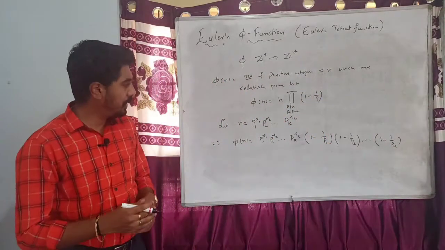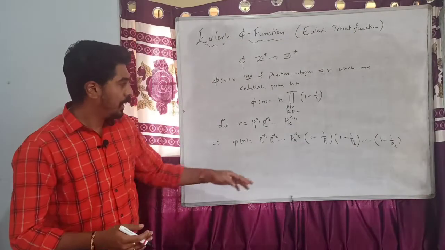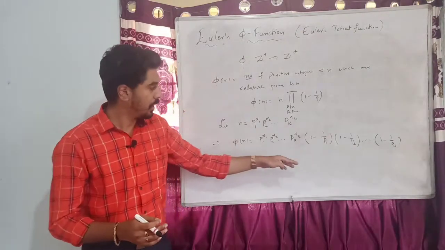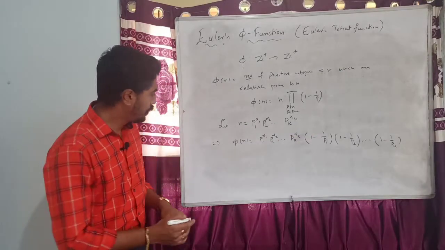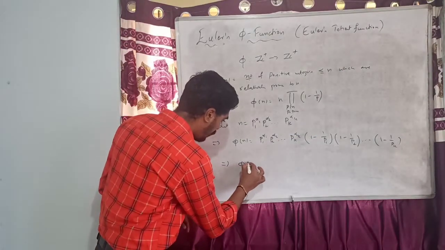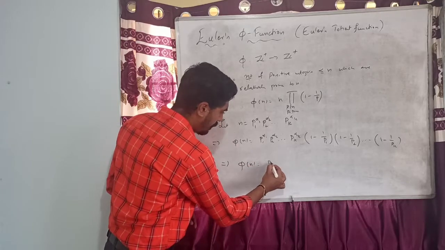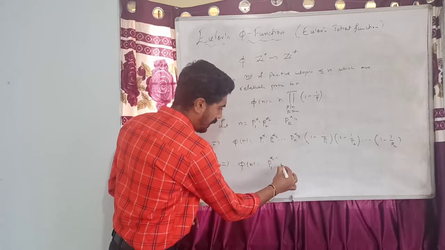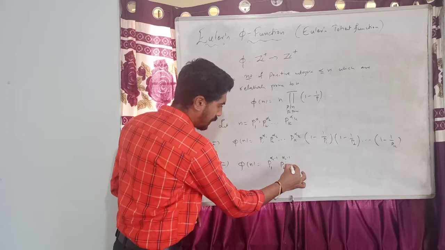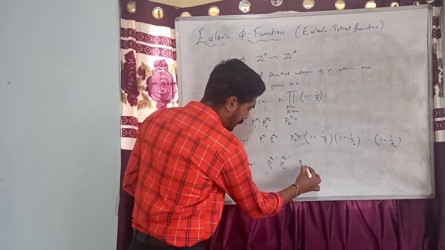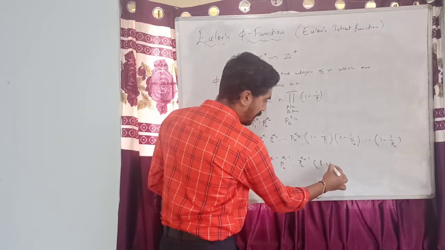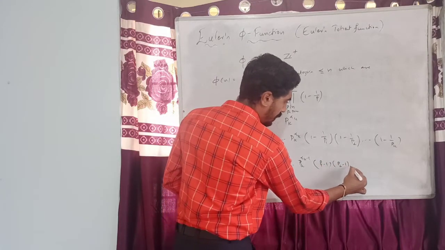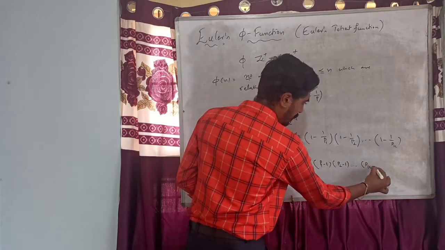To express in the most simplified form, I am going to take LCM here and I am going to cancel p1, p2, pk here. So I get phi of n is equal to p1 power alpha 1 minus 1, p2 power alpha 2 minus 1, etc., pk power alpha k minus 1 into p1 minus 1, p2 minus 1, etc., pk minus 1.